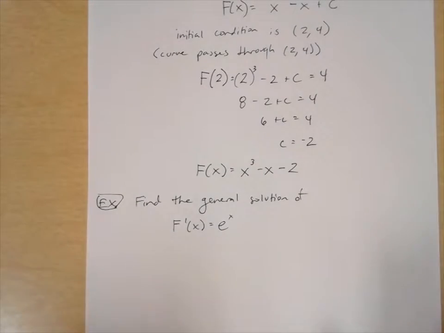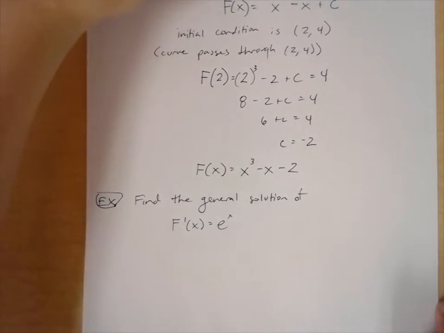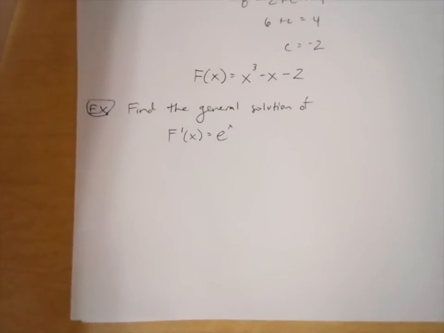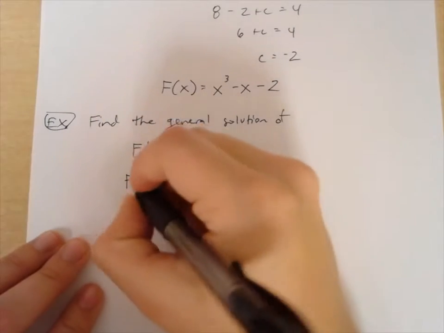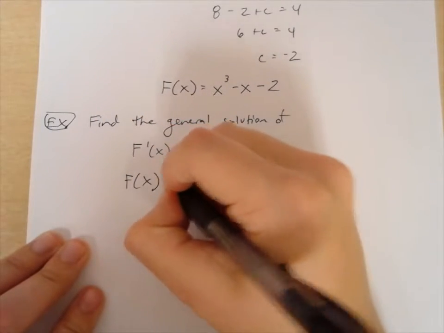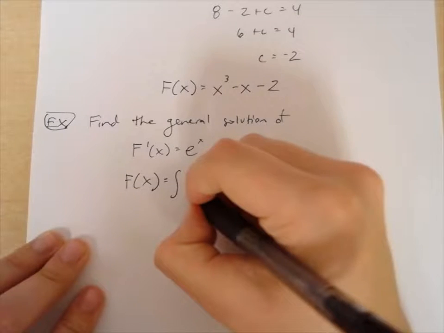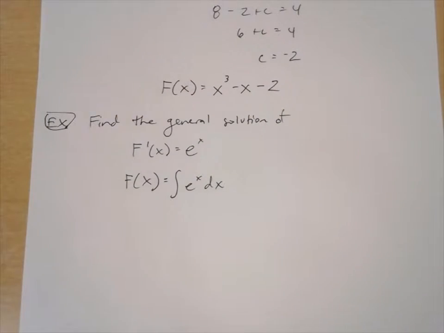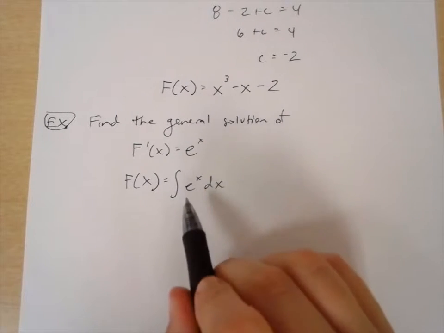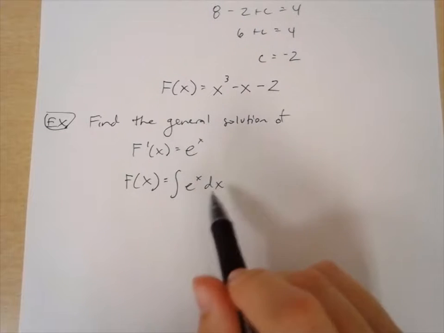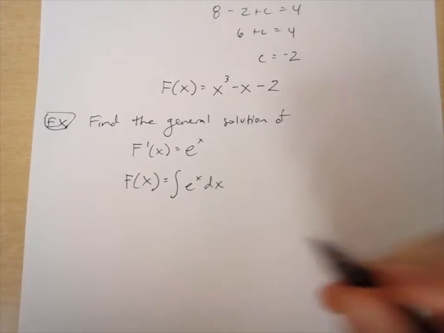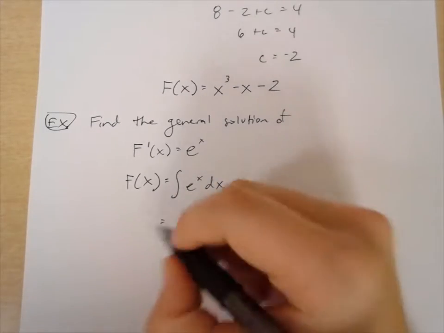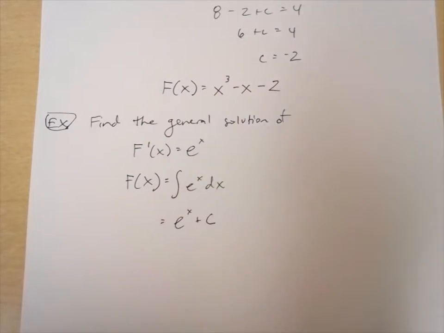And remember, I can find regular big F of x if I take the antiderivative of e to the x with respect to x. This is again a rule of integration that we looked at yesterday in the textbook with all of those rules of integration. The antiderivative of e to the x is just e to the x plus c.